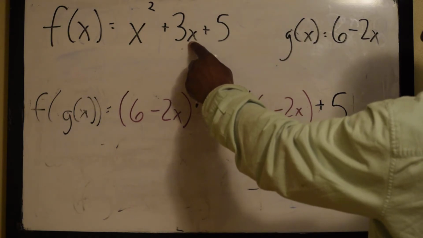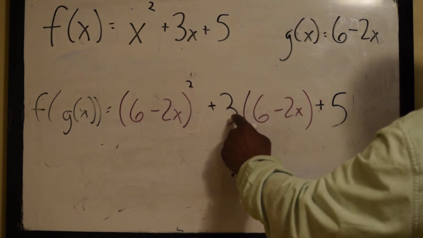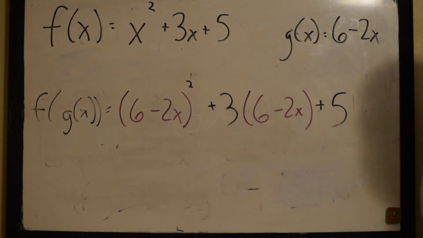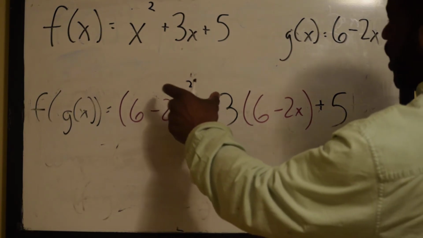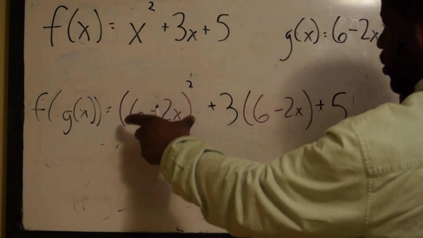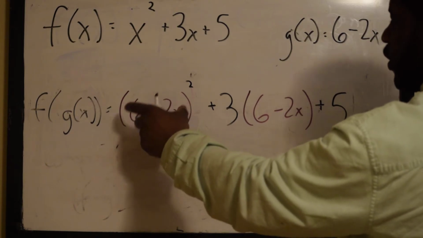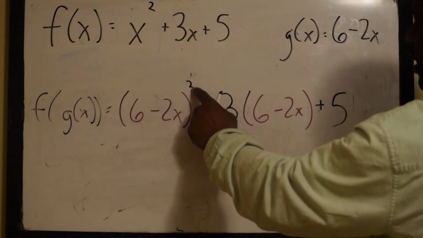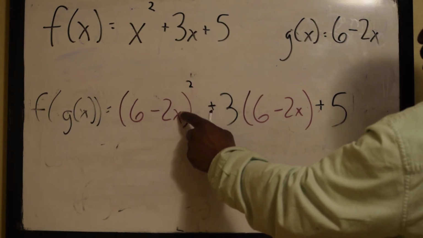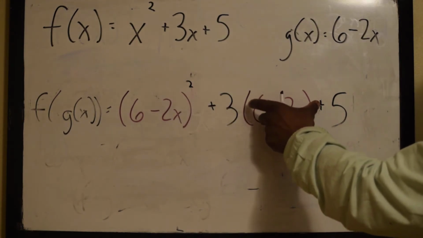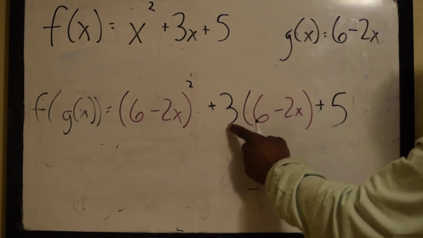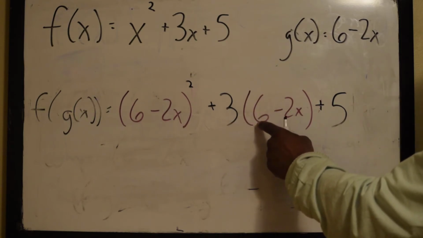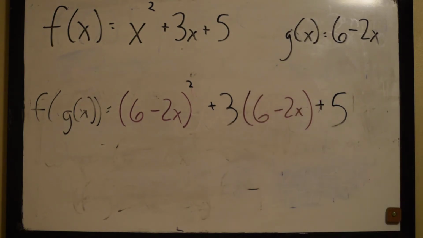And instead of 3x, we put 3 times 6 minus 2x. Another thing, be sure to put parentheses right there. If you don't put the parentheses, this squared term only goes with the x. If you don't put parentheses here, the 3 will only be distributed with the 6 instead of the entire function.